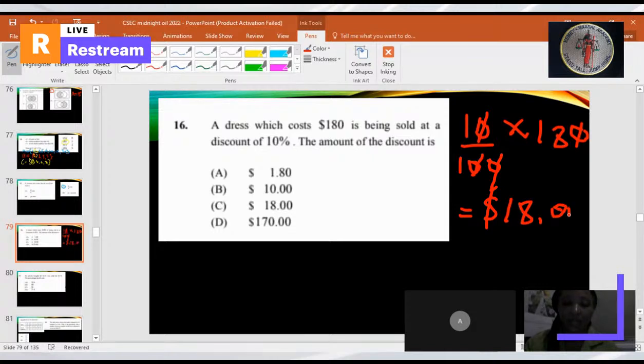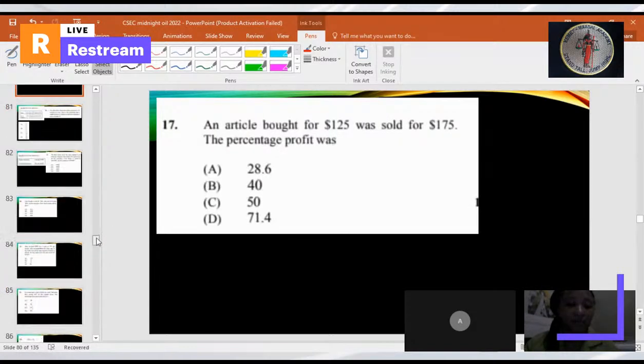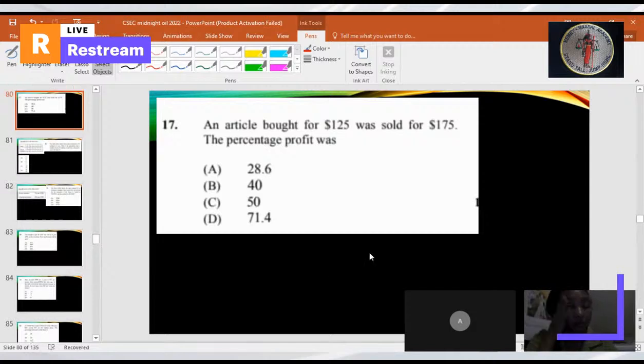And that's number 17. An article bought for $125 was sold for $175.